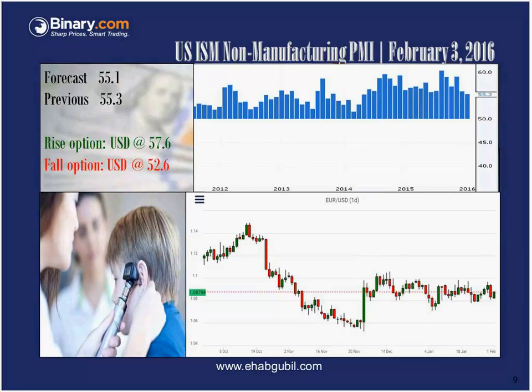On Wednesday, we will also look to trade US ISM non-manufacturing PMI, which will be released at 3 p.m. London time on Wednesday. US ISM non-manufacturing PMI is a leading indicator.